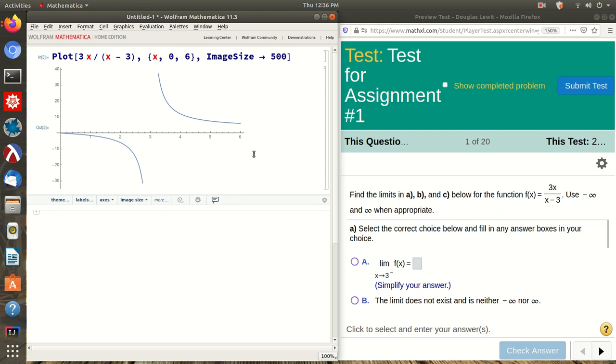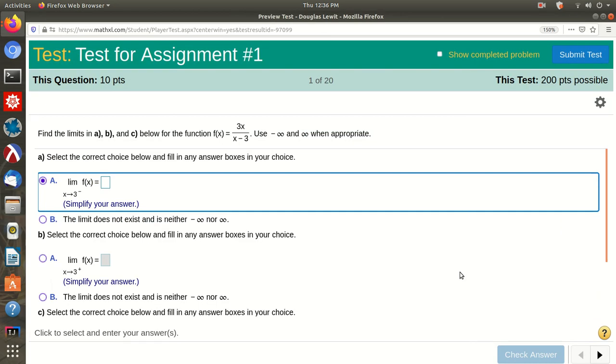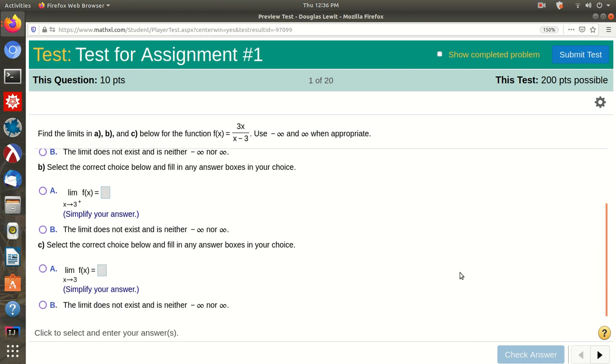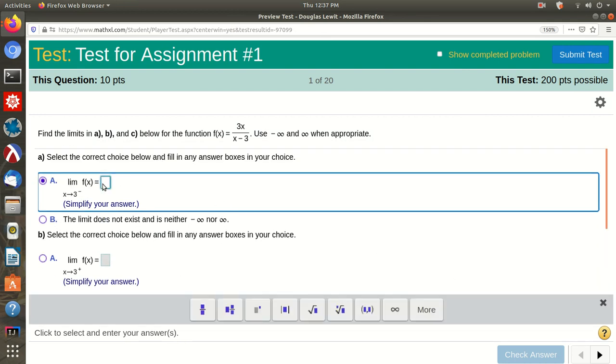And we can see just from looking at the graph that as I approach positive 3, here's positive 3 right over here, as I approach positive 3 from the left, the curve goes to negative infinity. Here, let me expand this. Negative infinity.